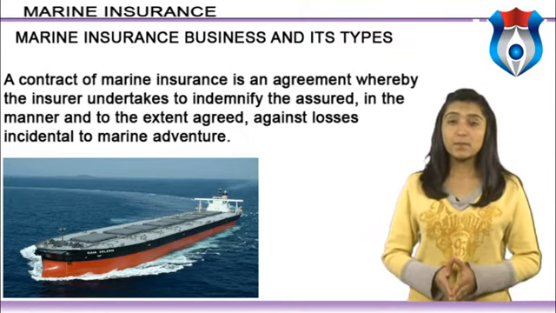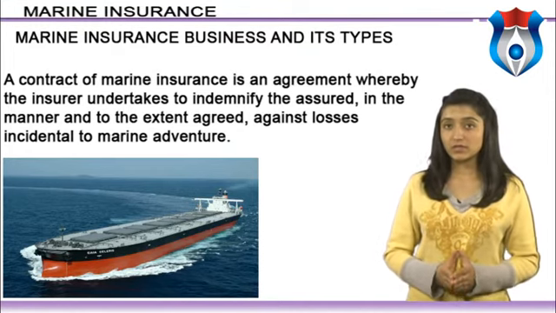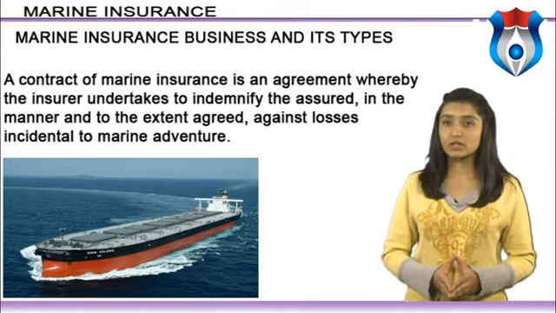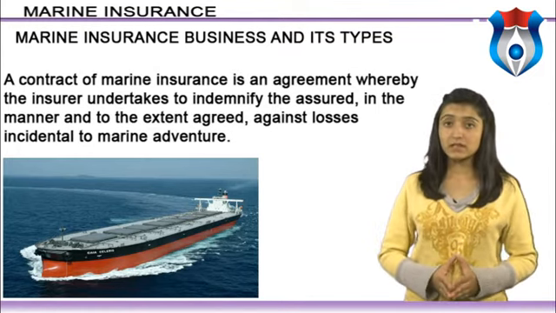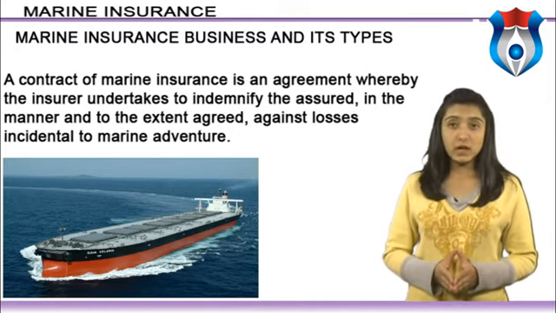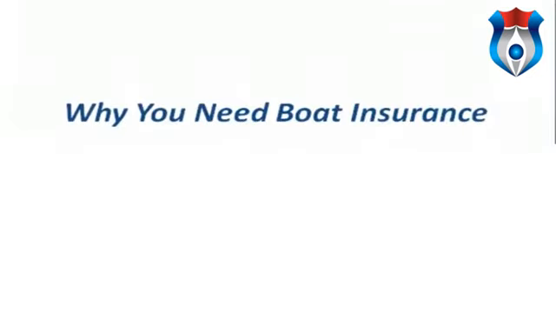The term perils of the sea refers only to accidents or casualties of the sea and does not include the ordinary action of the winds and waves. Besides, maritime perils include fire, war perils, pirates, seizures and jettison, etc.